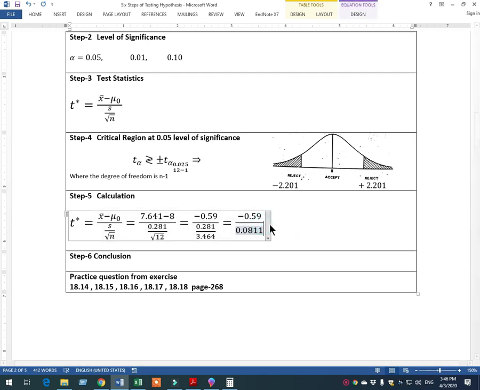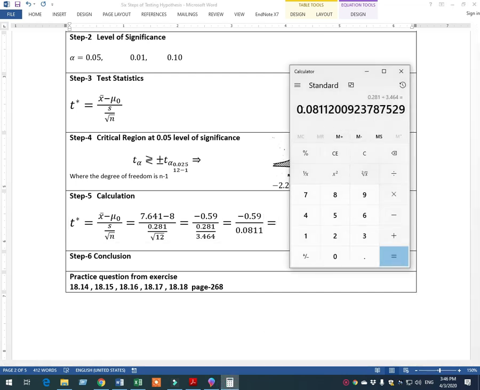Then finally we get the value of t: minus 0.59 divided by 0.0811 becomes minus 7.27.